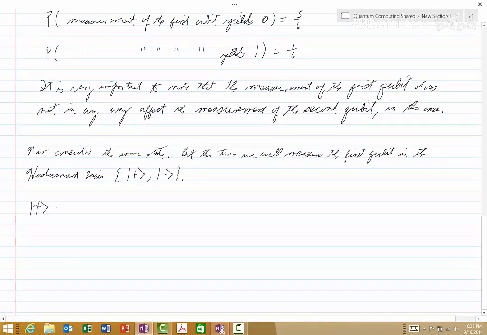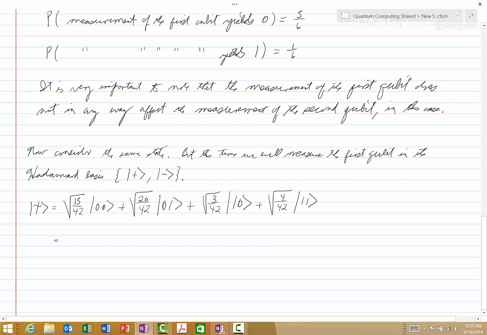Well, again, let's start by writing down the expression for psi. We have square root of 15 over 42 |00⟩ plus square root of 20 over 42 |01⟩ plus square root of 3 over 42 |10⟩ plus square root of 4 over 42 |11⟩.